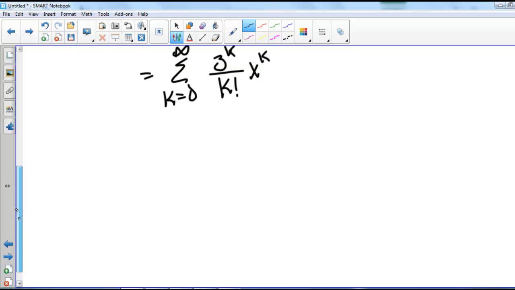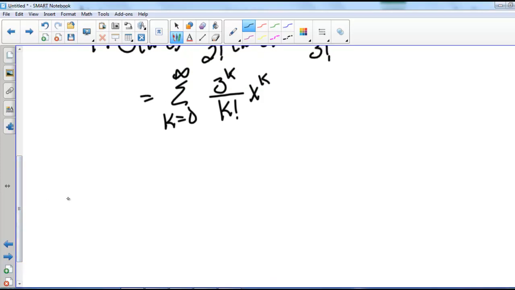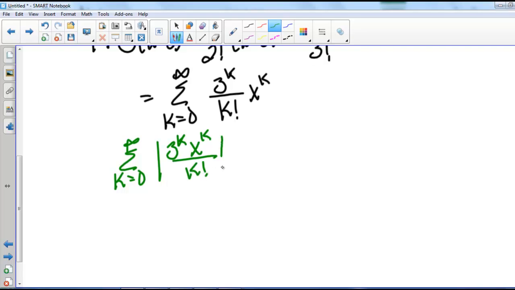To find our interval of convergence, we're again going to consider the series from k equals 0 to infinity of the absolute value of 3 to the k times x to the k divided by k factorial, and use the ratio test.